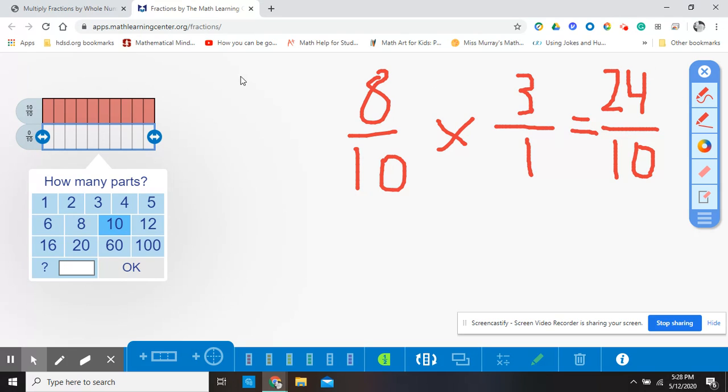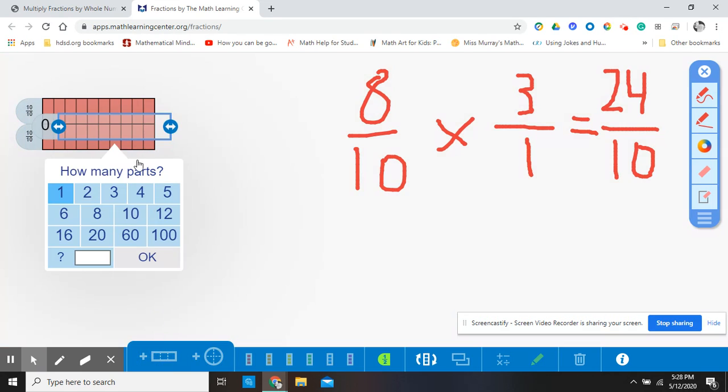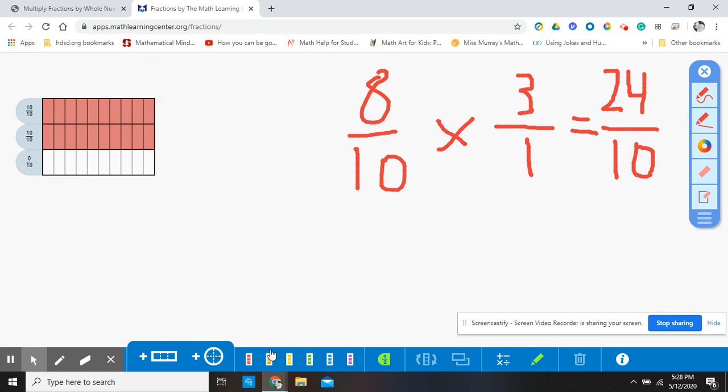And remember, our numerator is how many filled in spots that we have. So let's do another one. We already have 10, 11, 12, 13, 14, 15, 16, 17, 18, 19, 20. We still need another couple more, so we're going to do one more. Now we're at 20. 21, 22, 23, 24.